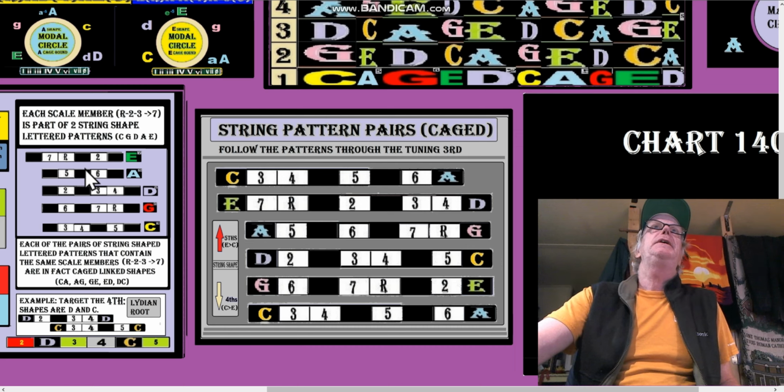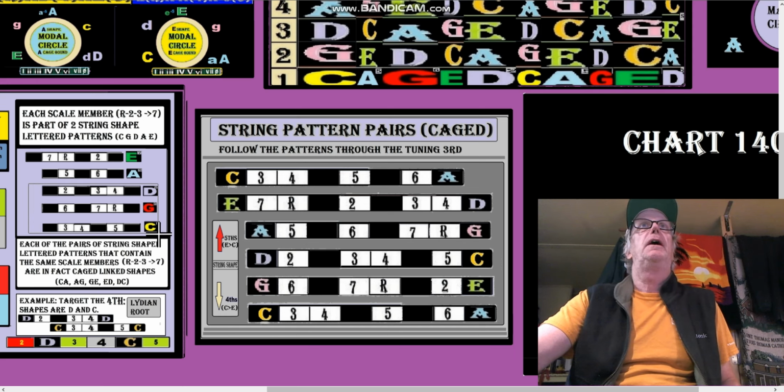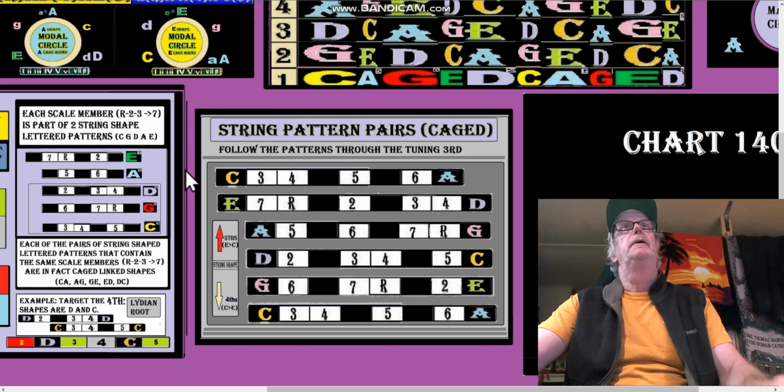If any of these string shapes is on the bottom, the others would be stacked on top, so C would go on top of E, G would go on top of C, and it would become that cage shape. So if you were playing a C and you wanted to go to an A shape, you would put the A on top and put all three of these on top of it.